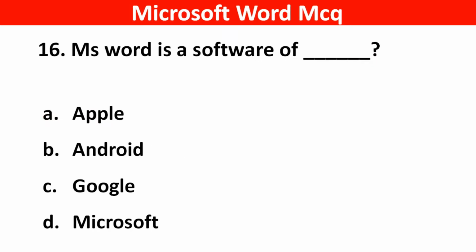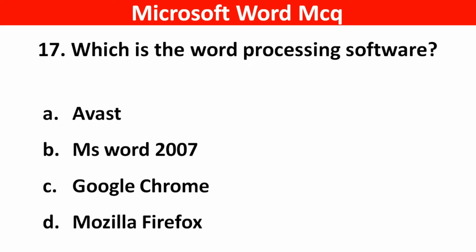Next question, MS Word is a software of dash dash. Right answer is option D, Microsoft. Next question, which is the word processing software? Right answer is option B, MS Word 2007.